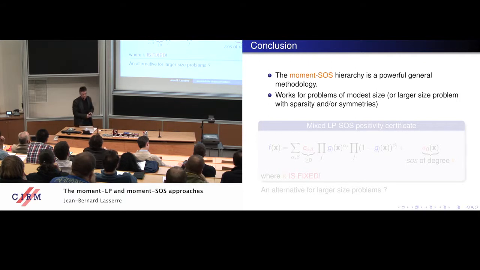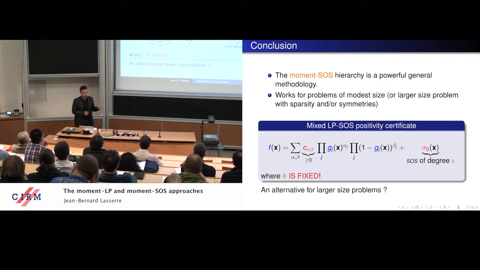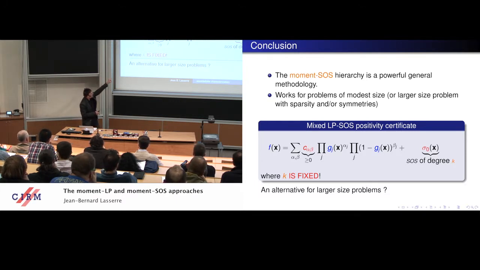And maybe in between, there is a mixed LP-SDP hierarchy which takes advantage of both the Putinar certificate and the Krivine-Stengle certificate. Now you would represent f like this Stengle certificate plus a sum of squares.